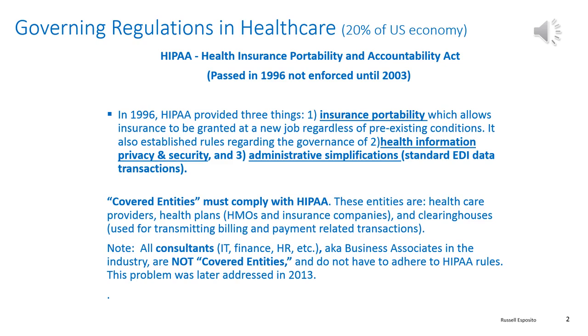They were not covered by HIPAA. So even though they had access to patient data, they could do whatever they wanted with that data, and they were not covered by HIPAA. The patient's privacy and the security of the healthcare information was not protected by the HIPAA regulations. This was addressed in 2013, quite a bit later after the HIPAA legislation was passed.